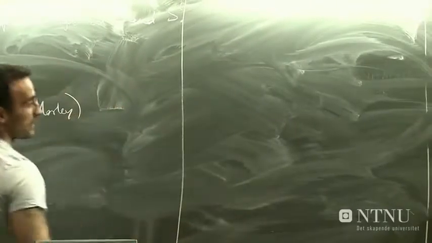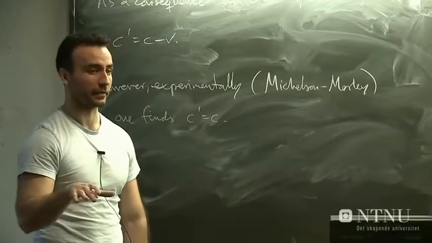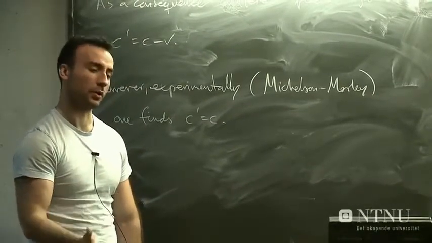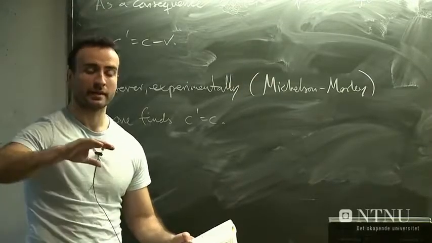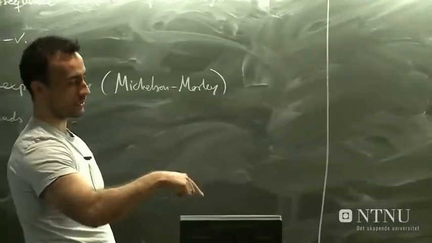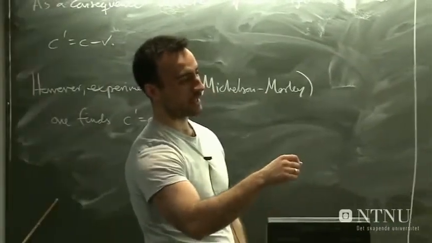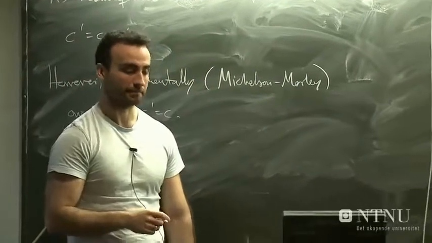And what this tells us is that the Galilean transformation, which is valid for our non-relativistic everyday world, doesn't hold anymore when we consider velocities close to the speed of light. So we have to find a new transformation when going from S to S prime, which actually respects the invariance of the speed of light.